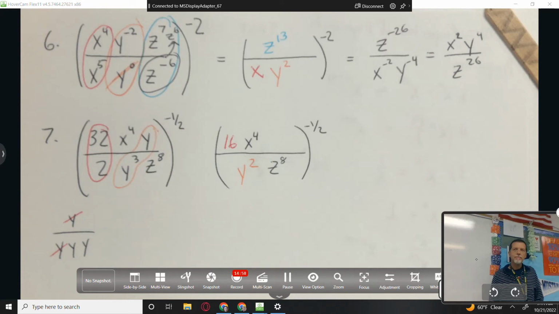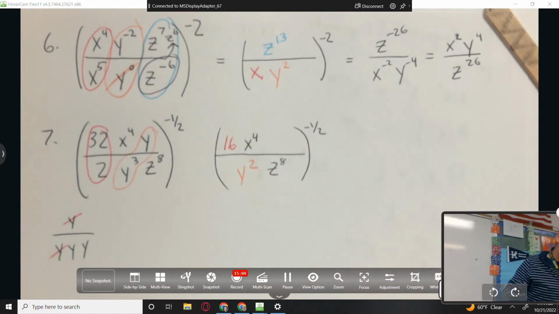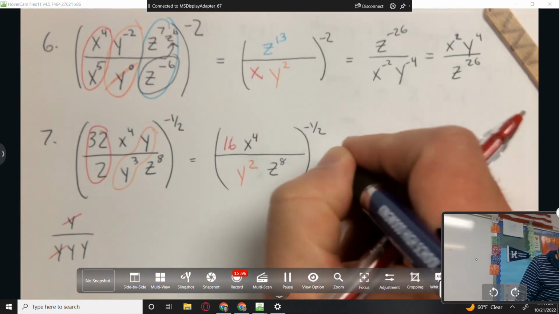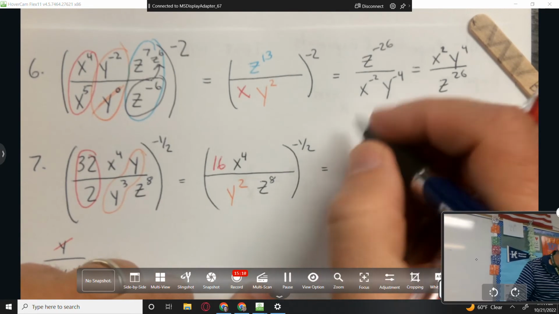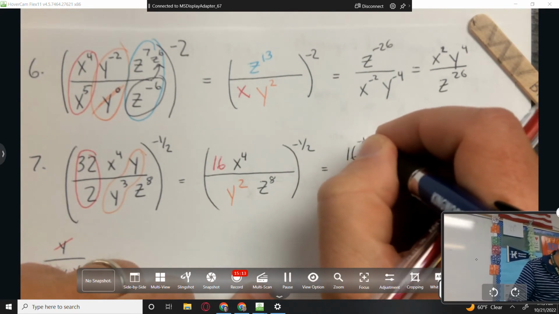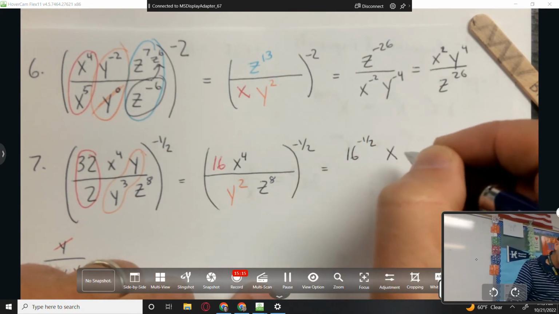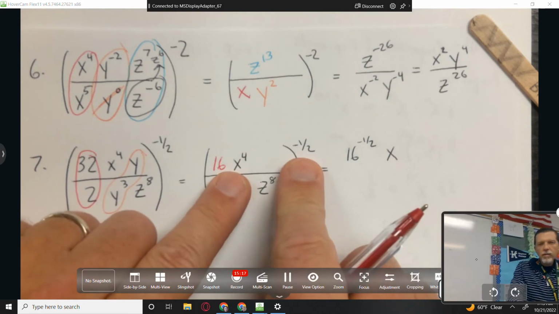Okay, a couple ways to do this. I think I'm just going to put the negative 1/2 on everybody. So let me do what I'm going to do first, and then I'll say it the other way. So 16 to the negative 1/2, x to the, what would that be?